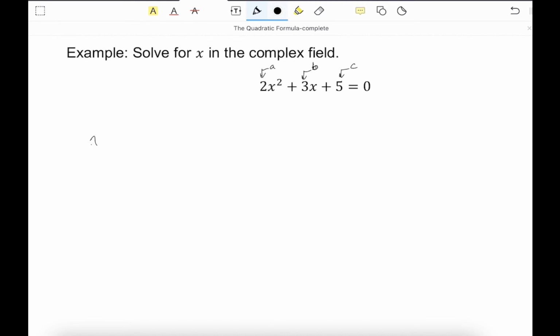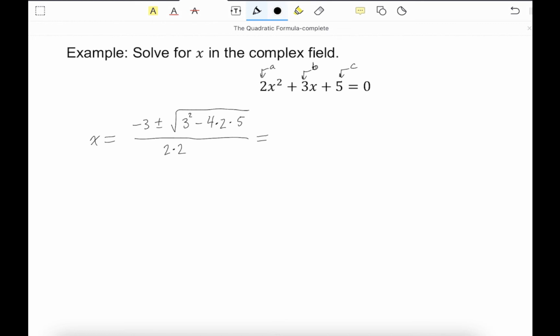So our solutions, we have x equals the opposite of b, negative 3, plus or minus the square root of b squared, so 3 squared, minus 4 times a, which is 2, times c, which is 5, all over 2 times a, which is 2.